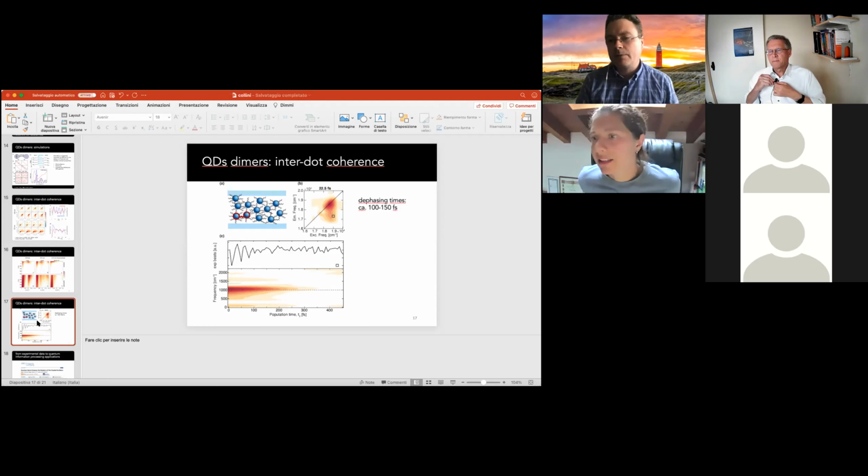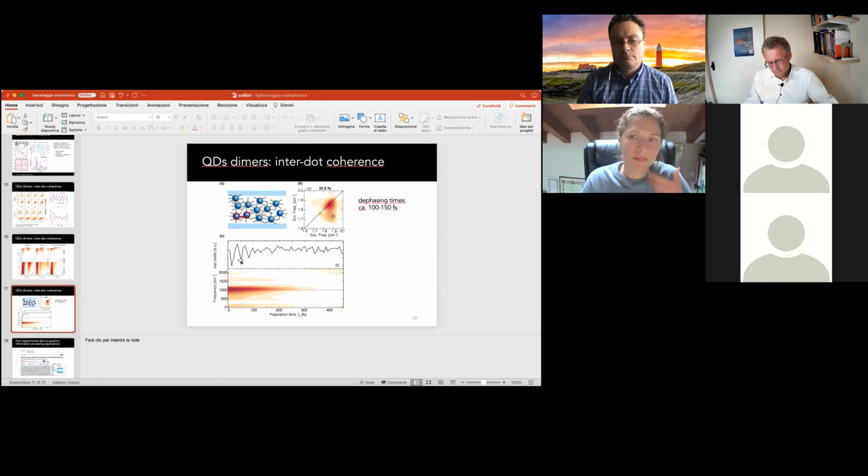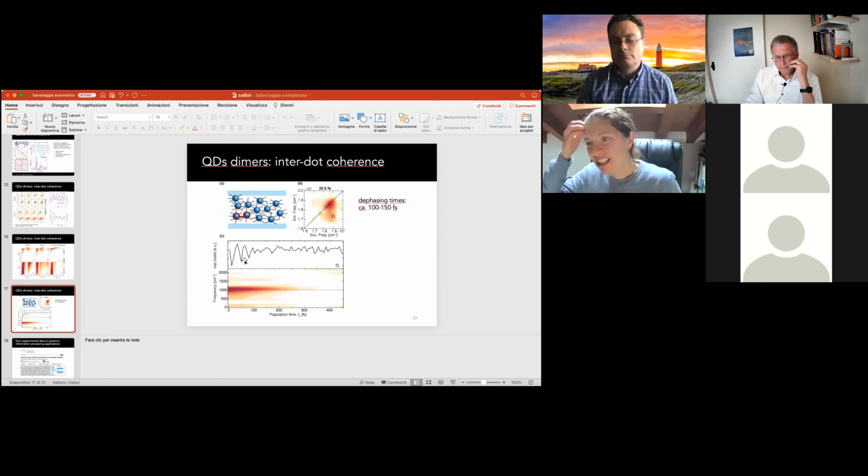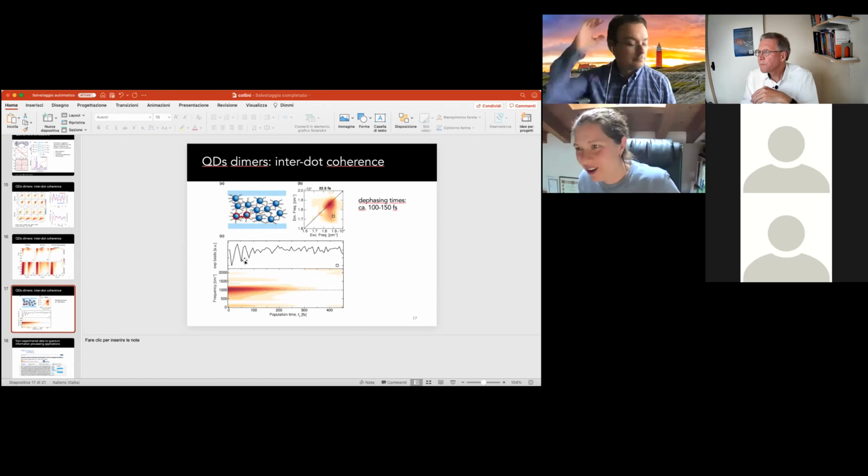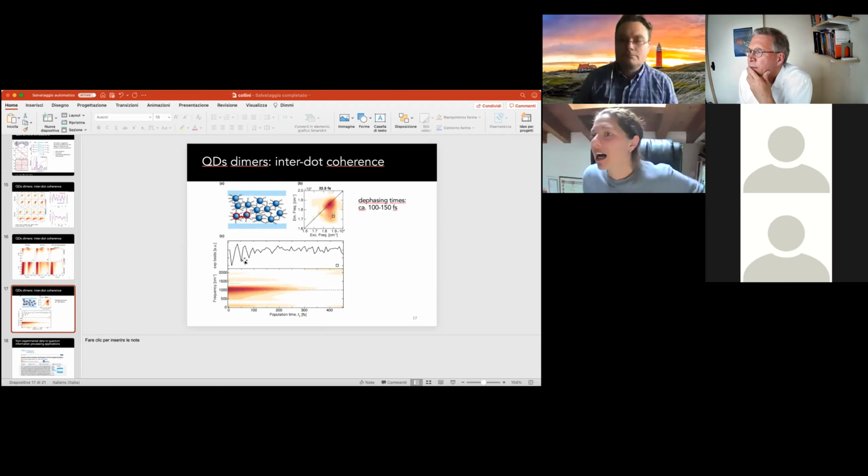So exactly, the explanation. Yeah, this is exactly the kind of explanation we are looking at. This is what I meant when I said a behavior due to the specific nature of the delocalization. Okay, coming from the field of molecular aggregates, this is exactly the same kind of picture and vision. Yes, yes.